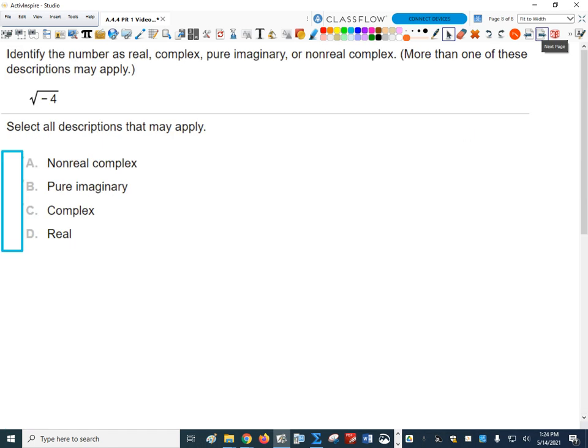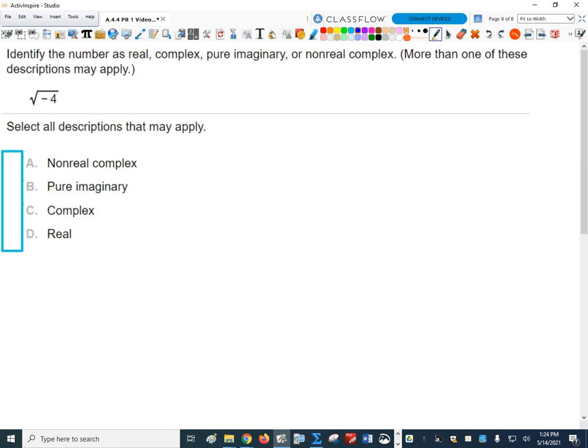Okay, last one. This one we have to simplify a little bit, don't we? So what's this going to work out to be if I simplify it? The square root of -4 is what? 2i. Yeah, there we go.